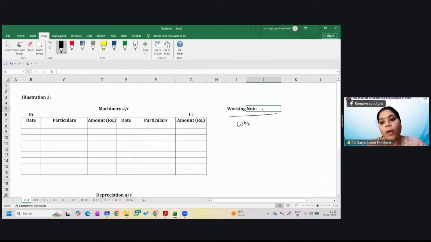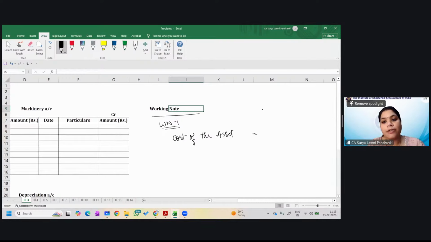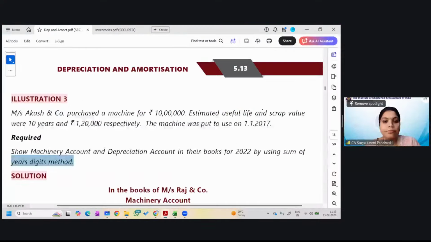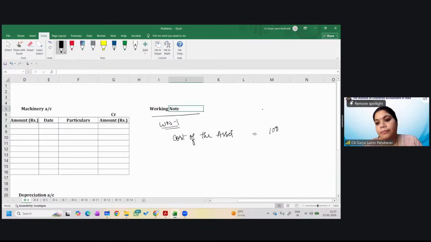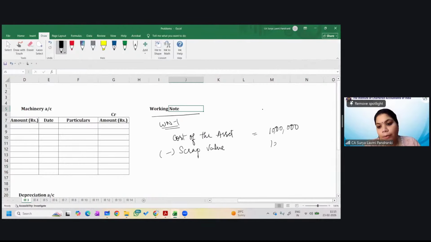I'm doing working note 1. What is the cost of the asset? 10 lakhs minus scrap value. What is the scrap value? We have 1,20,000.